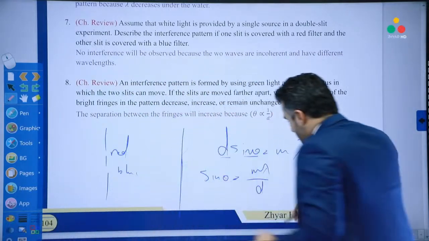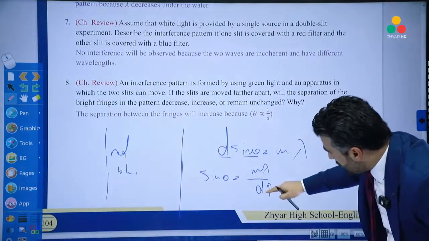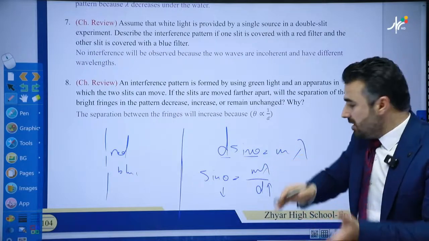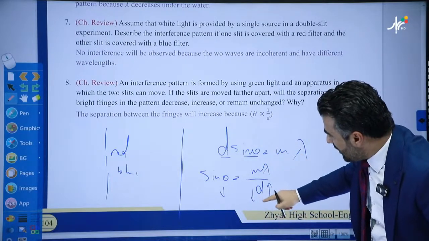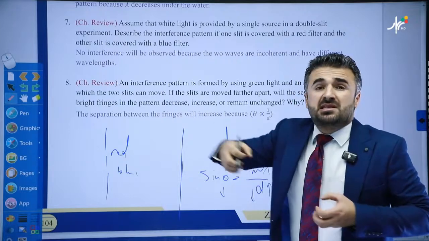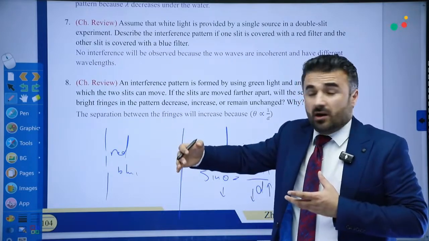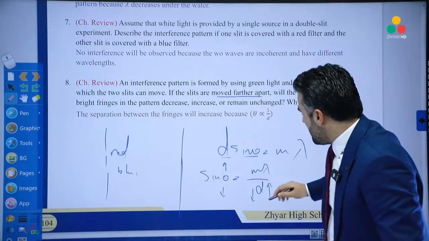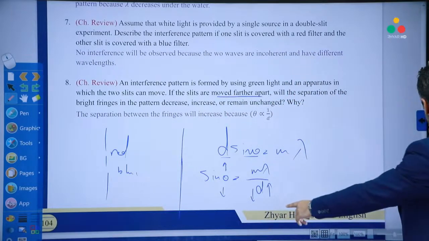So by increasing the slit separation here, the angle between the fringes would get smaller. But if you decrease the slit separation, then of course the fringes will separate from one another. So what is the question here? It says if the slits are moved further apart. So that means increasing the distance.